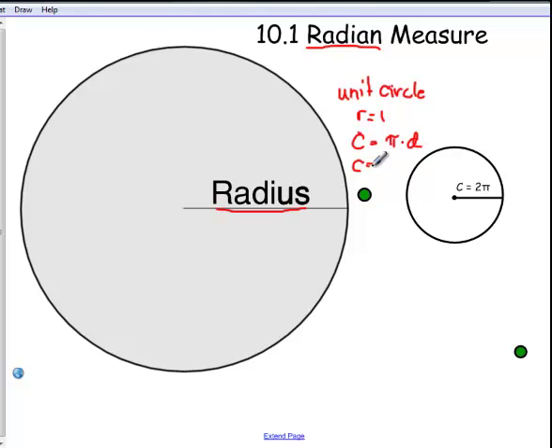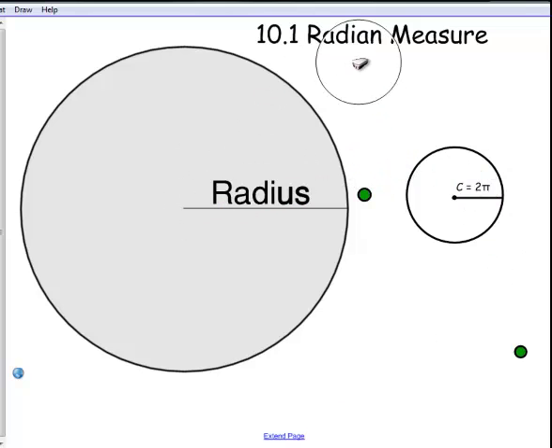So the circumference is pi times, well, the diameter would be double the radius, which is 2. So the circumference of a unit circle is 2 pi.